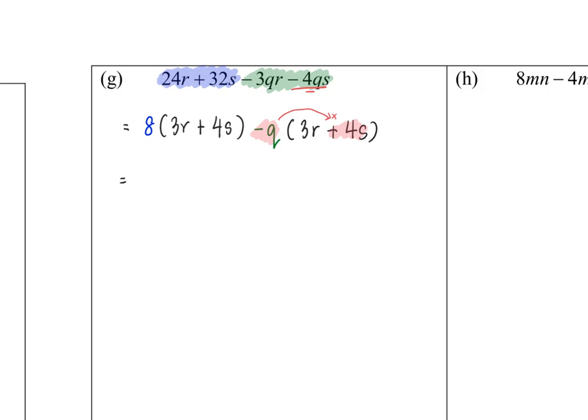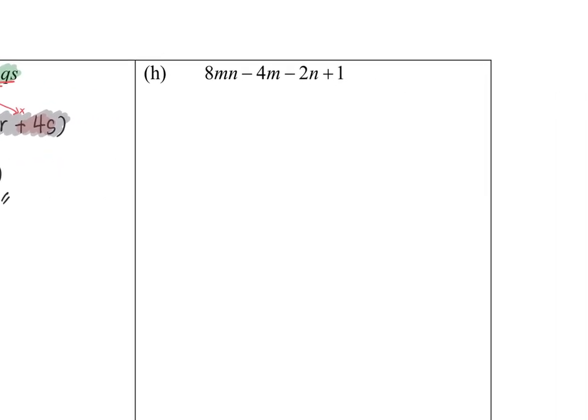And from here, we can then see that 3r plus 4s is the common factor. I'm left with 8 minus q. Okay, so the key thing is we must extract out the highest common factor. Moving on to part H.